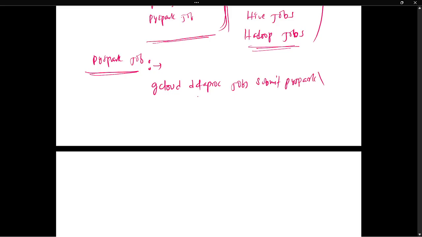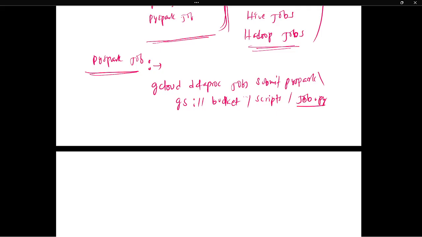Then we give the bucket location, which is a storage location where our Python file is. We create a Python file, job.py, store it in this GCS location, and write the command gcloud dataproc jobs submit pyspark with the bucket path to the script.